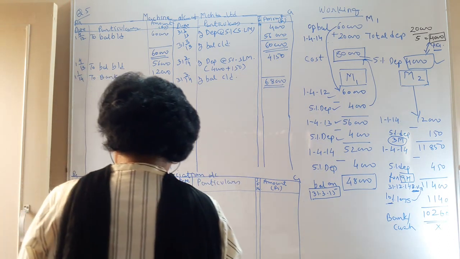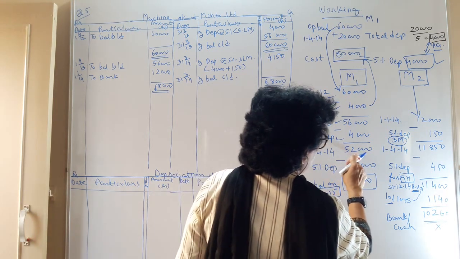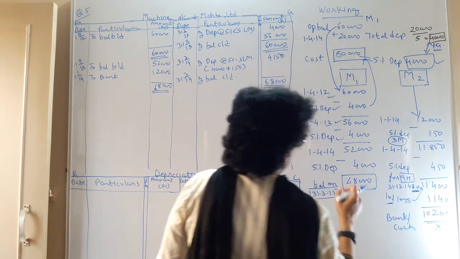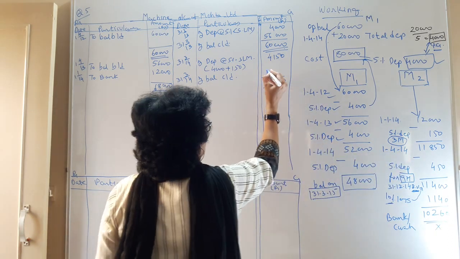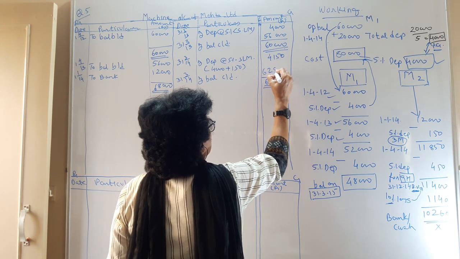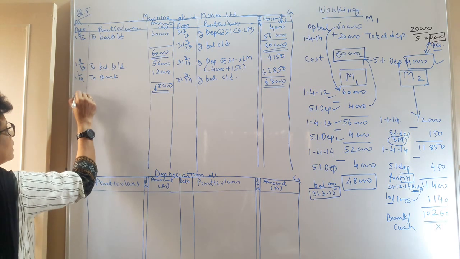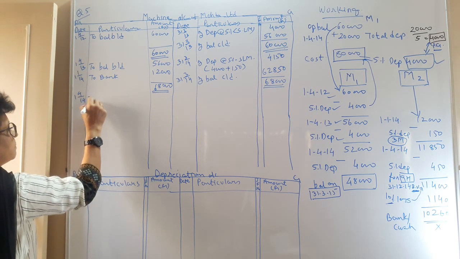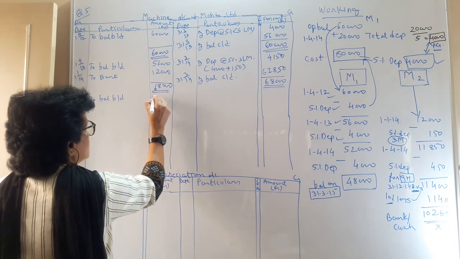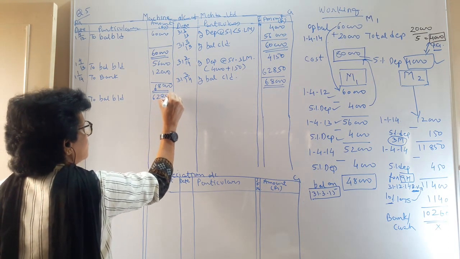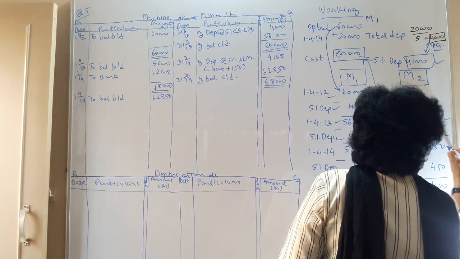So on 31st March 14 your balance is going to be 62,850. Now take on the 1/4/14, to balance brought down, your balance is 62,850.